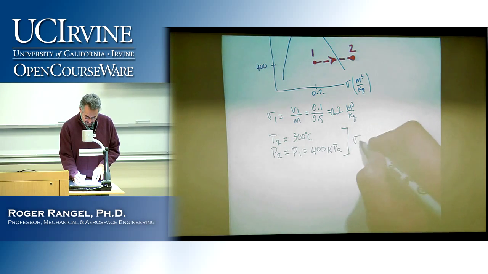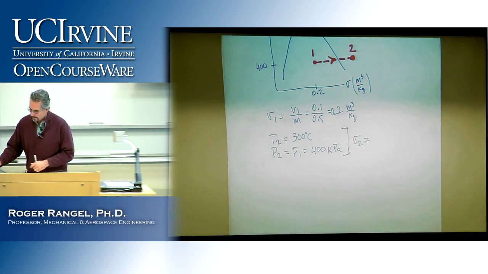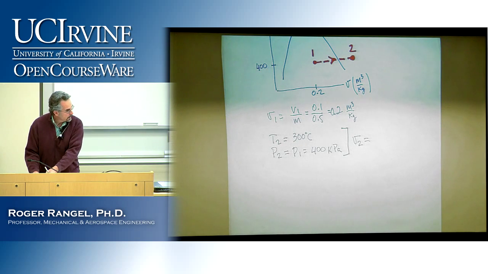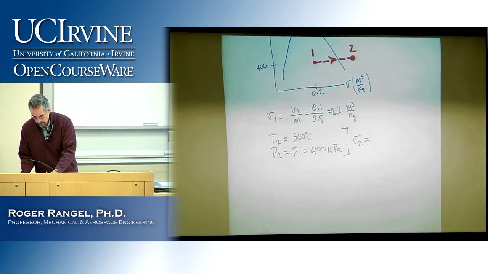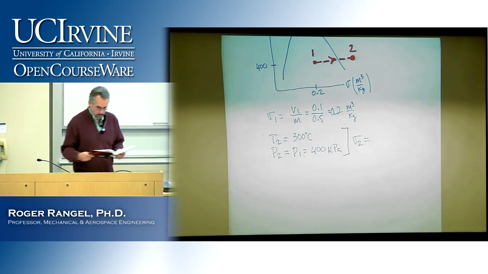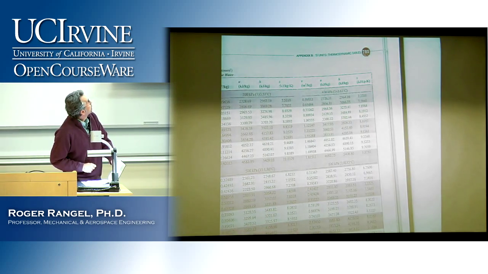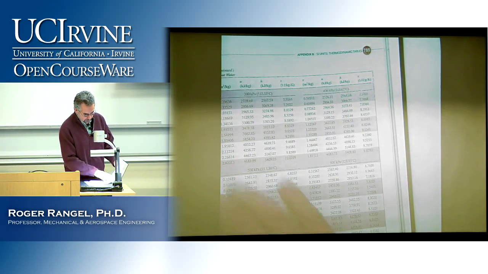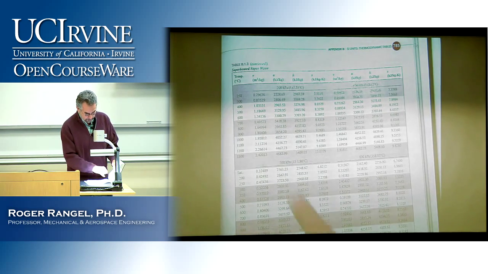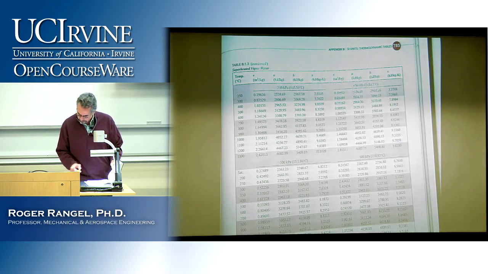I'm going to get a V sub 2, and maybe we can do it also for this one example. So I need 400 kilopascals. So I would go into this subtable on page 785 because that has the 400 kilopascals at the top, and the temperature is 300.